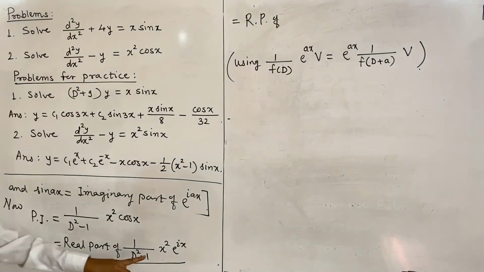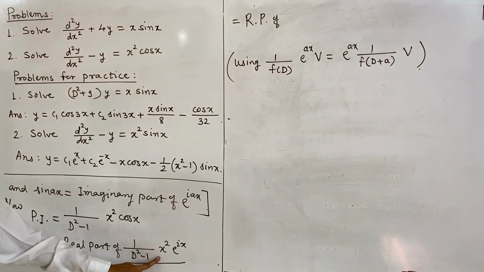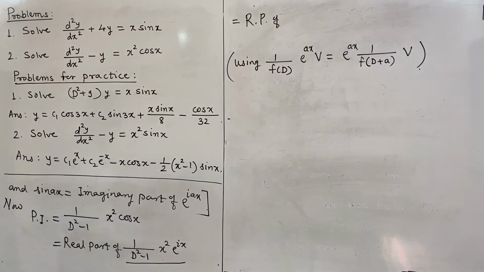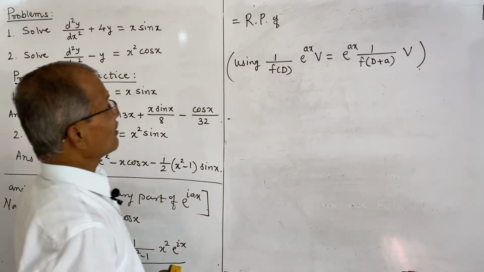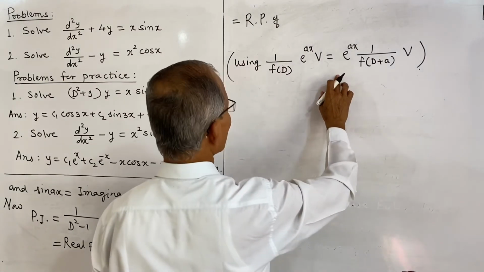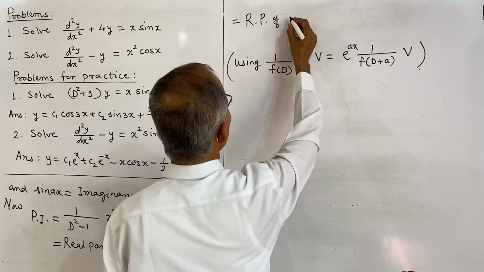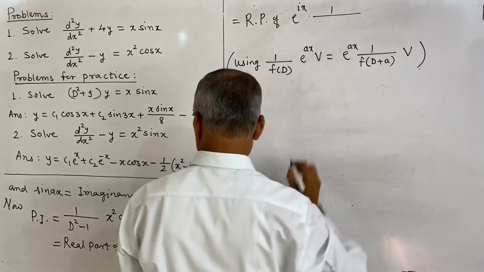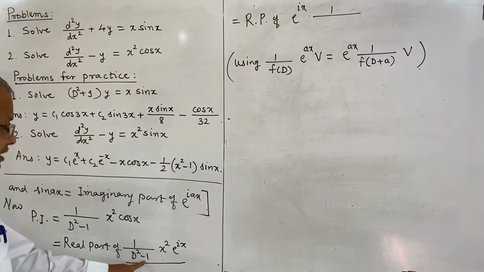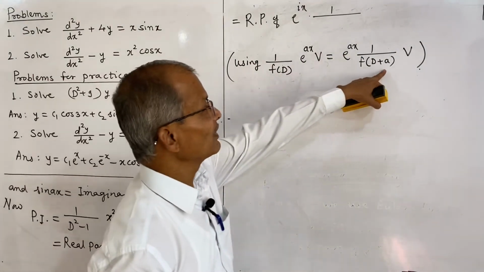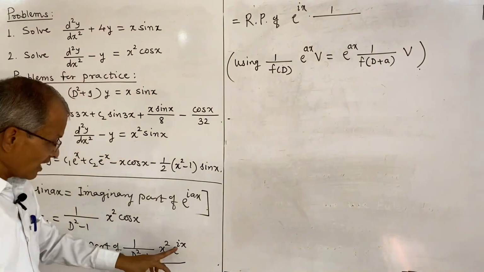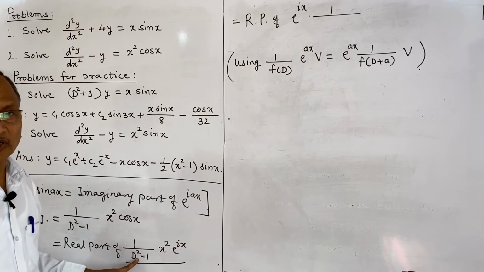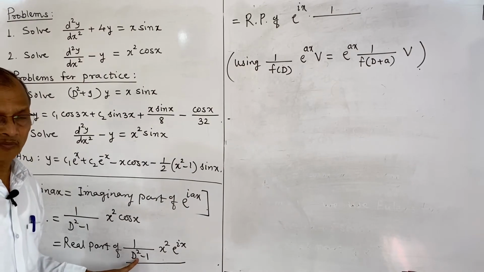So what is V here? V here is x square, and what is a here? a is i, and therefore this will be first e power ax, means real part of e power ix, into 1 upon f of D becomes f of D plus a. a is i, and therefore D is to be replaced by D plus i.